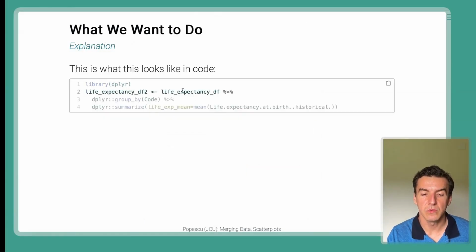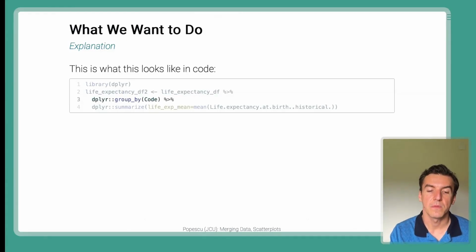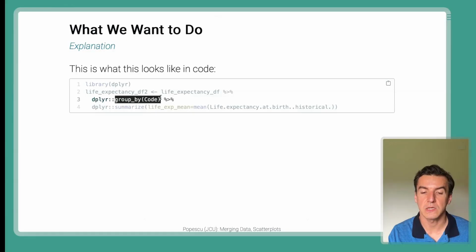So first of all, we are creating a new data frame that's just a copy of the old one. And then we're utilizing this interesting sign, which is called the pipe sign. I'm going to explain in a second what the pipe sign does. The next step is to group the countries by code.